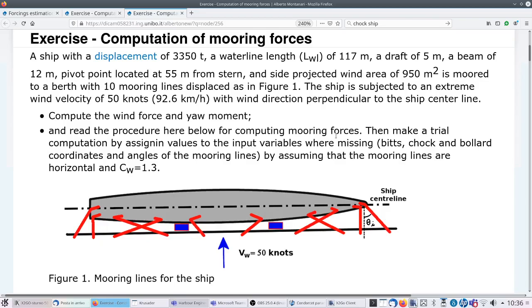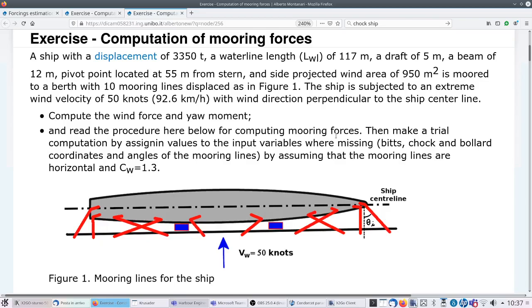There is an assumption which is that the mooring lines are horizontal, which is not usually the case. Usually the mooring lines go upward from the berth to the ship. The angle is not very significant, but in most cases, especially for big ships, they are moving upward.